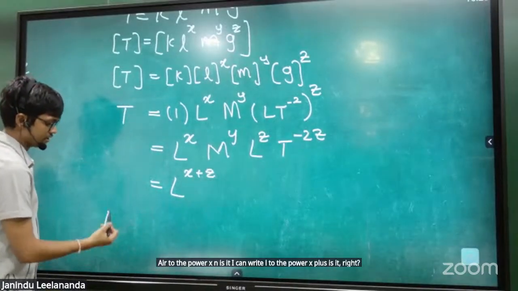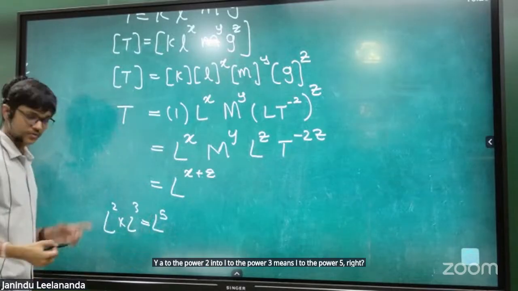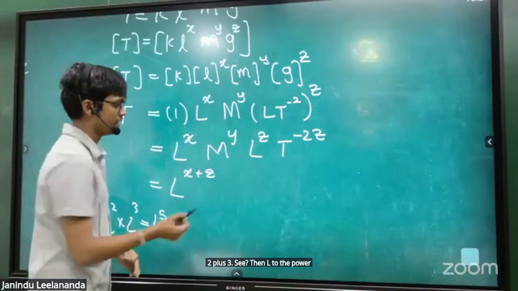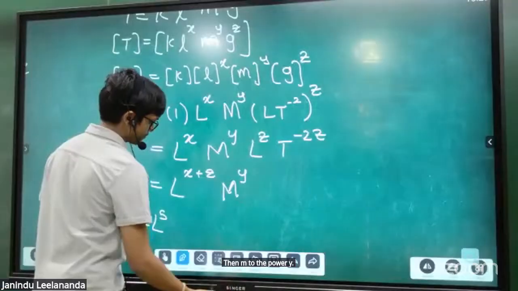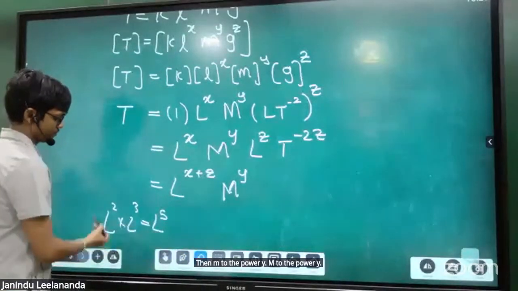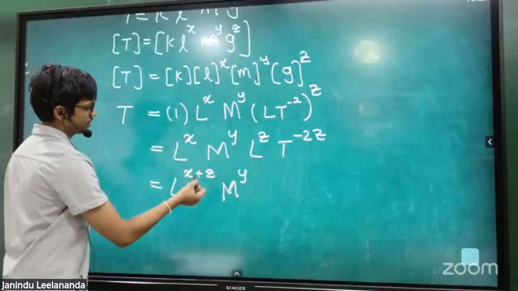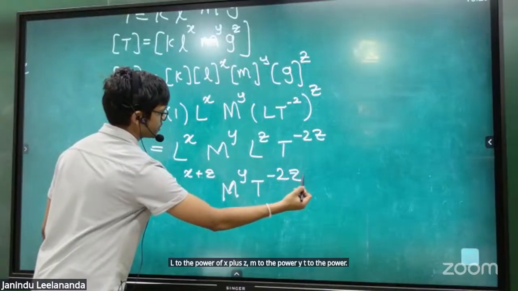Why? L to the power 2 into L to the power 3 means L to the power 5, right? 2 plus 3. See? Then L to the power x plus Z, M to the power y, T to the power minus 2Z. Clear?